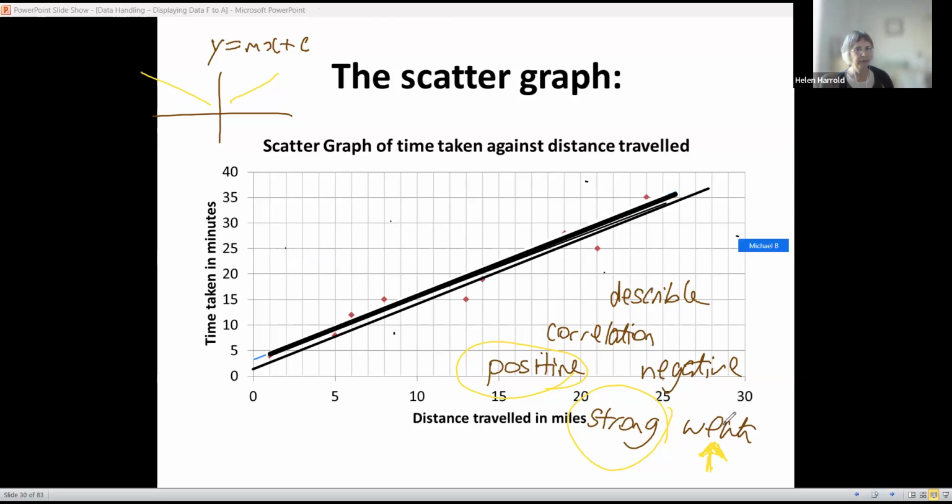That's it. There'd be points all over the place. And sometimes you'd be told that there's an outlier. So if you've got a point, say up there somewhere, say they're all close to the line, you might have an outlier, which is some other point up there. So it's positive or negative. The word's correlation, so you get asked about the correlation. Is it positive or negative, strong or weak? That's what you're going to be asked for with that.